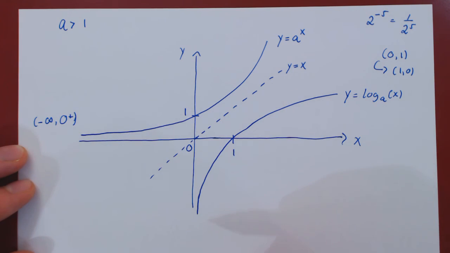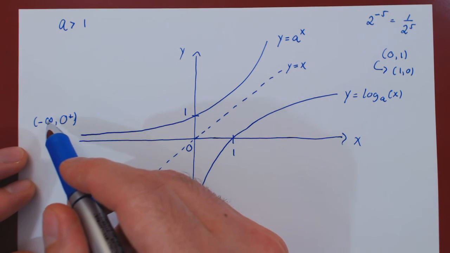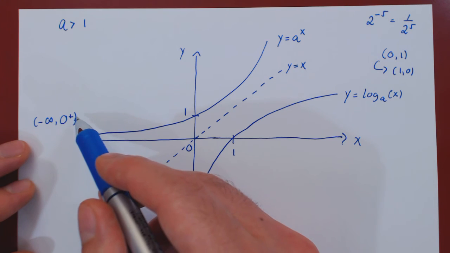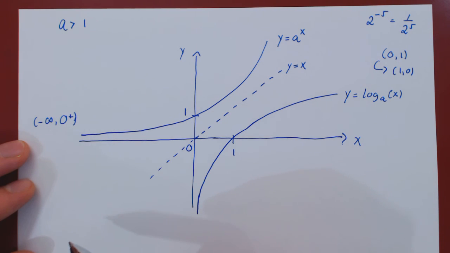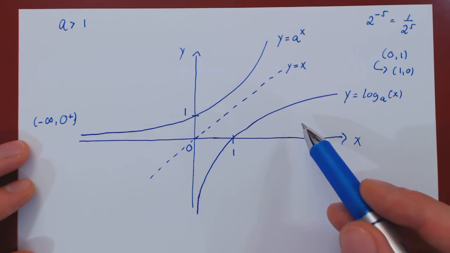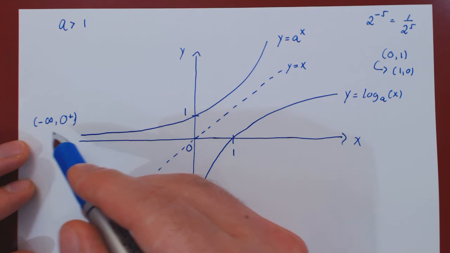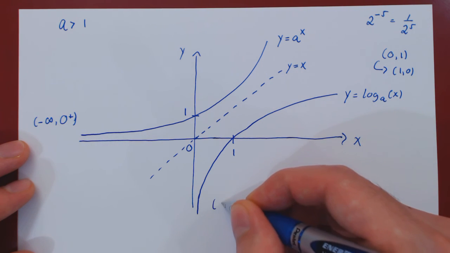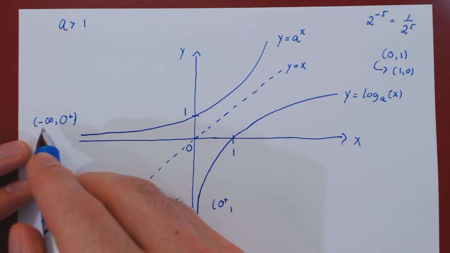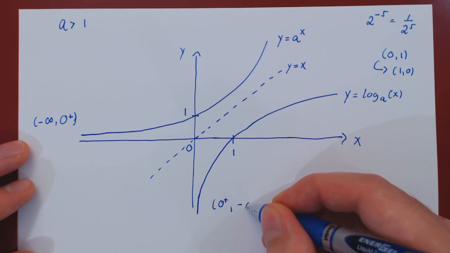So for the original function in the limit, we have negative infinity for x, positive 0 for y. But in the reflected image, for the inverse, the x becomes the y and the y becomes the x, so this will become 0 plus for x, and negative infinity for y.